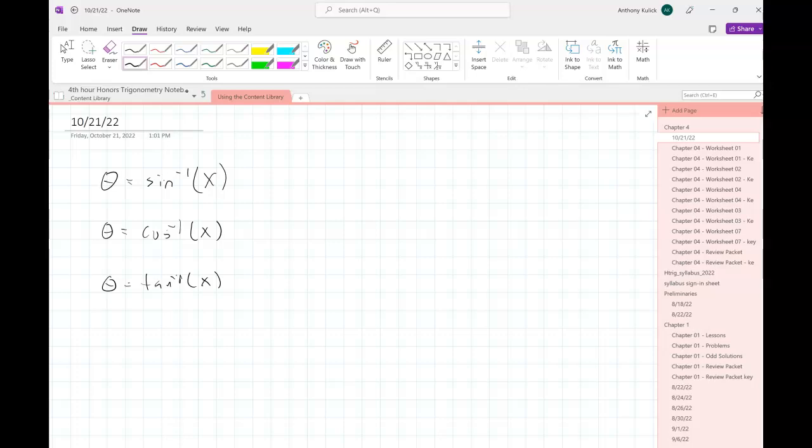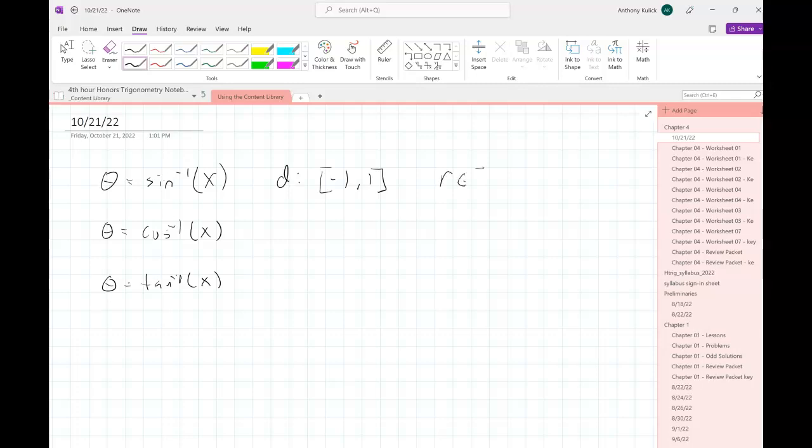So what is the domain for this function here? My domain is the possible outputs for sine. So I can only take sine inverse of things between -1 and +1.